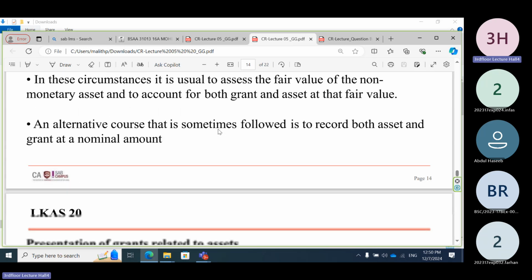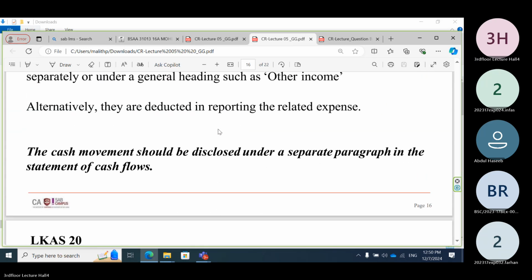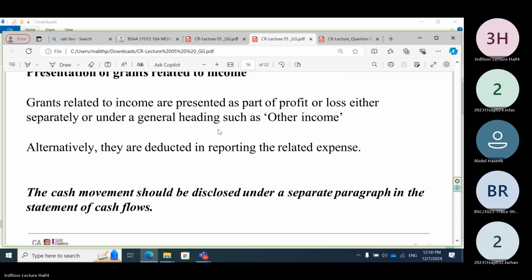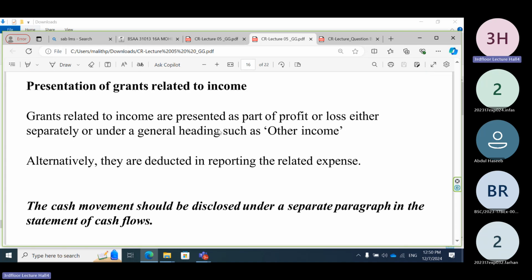So here we have disclosures. See this topic: grants related to income are presented as a part of profit or loss, either separately or under a general heading such as other income, right? So under other income, you can disclose this grant income for the period. Correct? Okay.